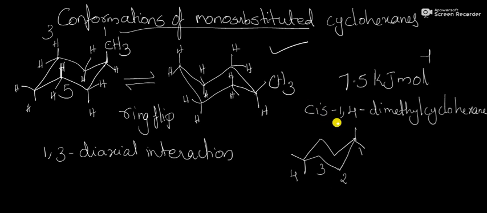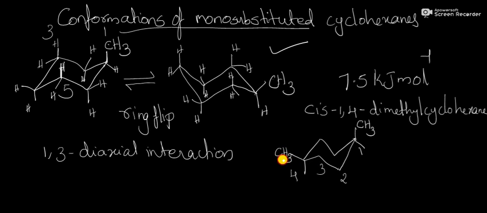So, in order to attain the cis conformation, both substituents will be on the same side. If one CH3 group is in the axial position, how can you draw the cis conformation? Here also the CH3 group should be upward relative to the cyclohexane ring, and the upward position will be equatorial.